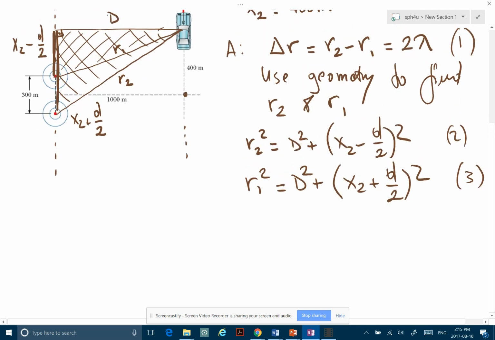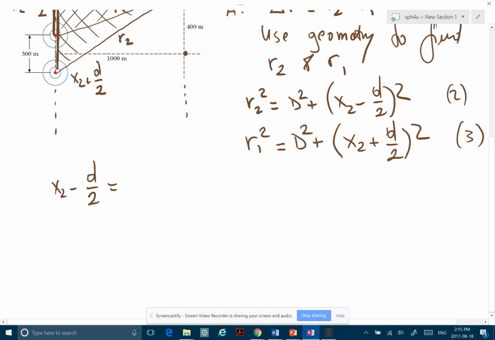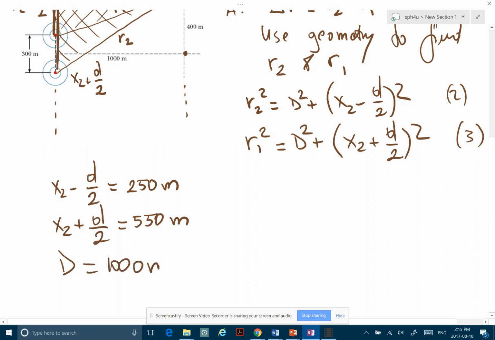We can use numbers here. So let's see that x2 minus half of D happens to be 400 minus 150, and that is 250 meters. And x2 plus half of D, that is plus 150, is 550 meters. And of course, we have D to be 1,000 meters.